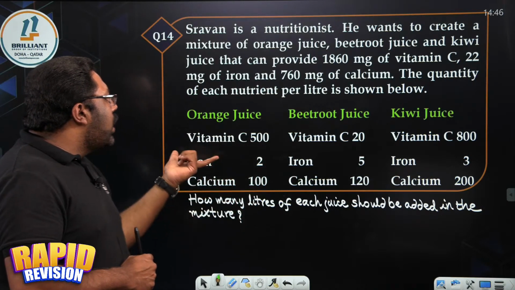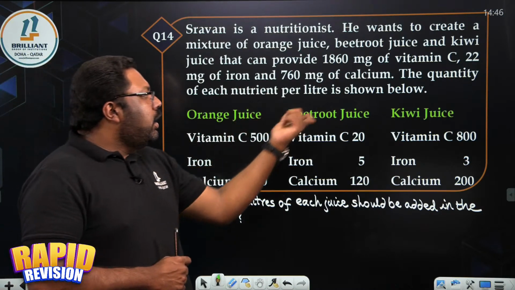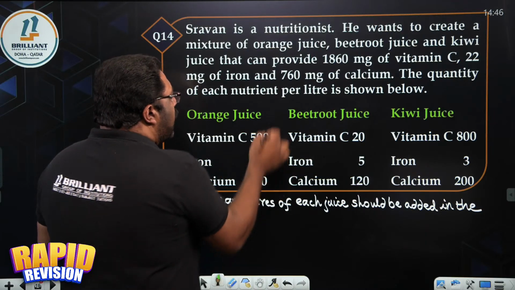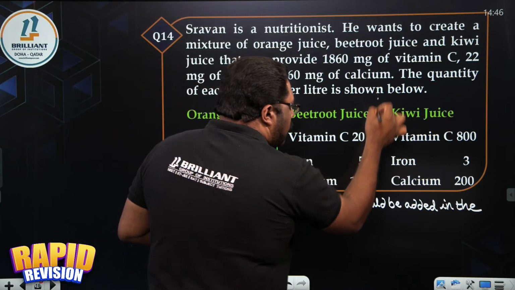They are giving me the quantity of vitamin C in each juice, iron in each juice and calcium in each juice in this table. Okay?